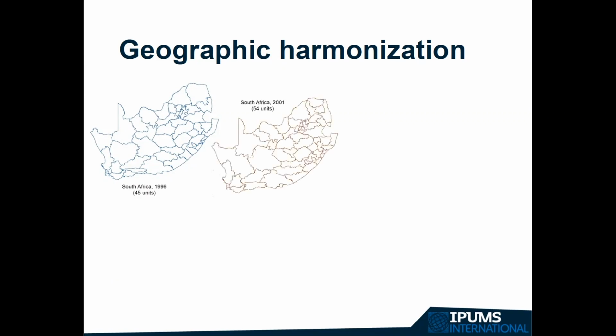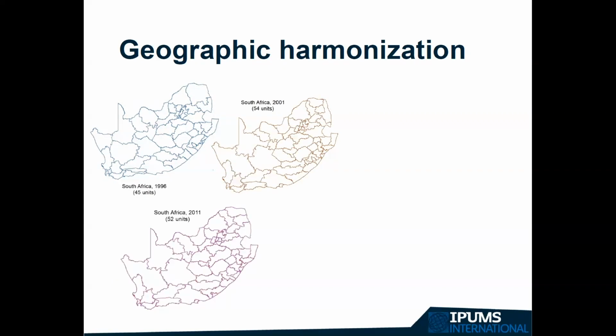By 2001, the census map had 54 districts, and in 2011, it had dropped down to 52 units. So you can see that between censuses, some of these units merged or split apart, as well as boundary changes. If you look in this northeast corner of the map closely, you might actually be able to see on your screen some of the boundary changes that we're referring to.